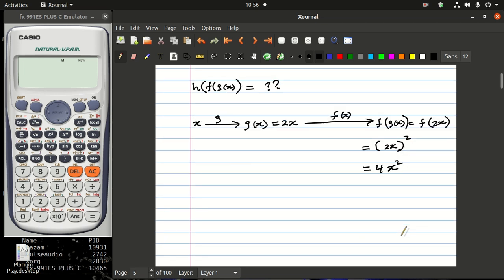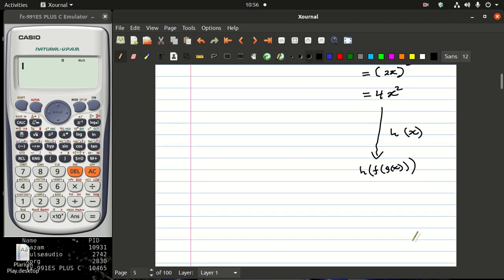And now I take this f of x and then I plug it into h of x. So in the value of this, I'm supposed to get h of f of g of x. You get what I mean? And now, looking at this particular thing that is inside, I am taking this whole thing and plugging it in the value of x.